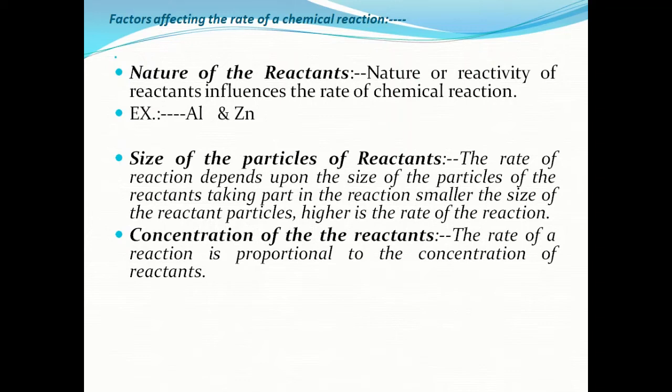This indicates that the rate of reaction depends upon the size of particles of the reactant taking part in the reaction. Smaller the size of reactant particles, higher is the rate of reaction. This is the size of particle of reactant affecting the rate of chemical reactions.